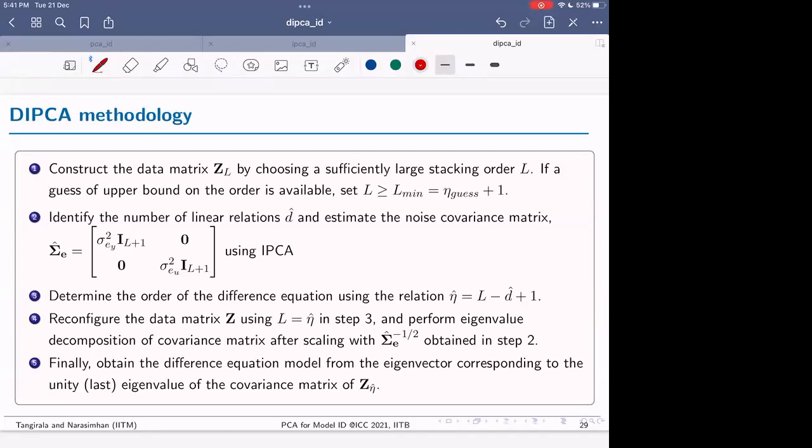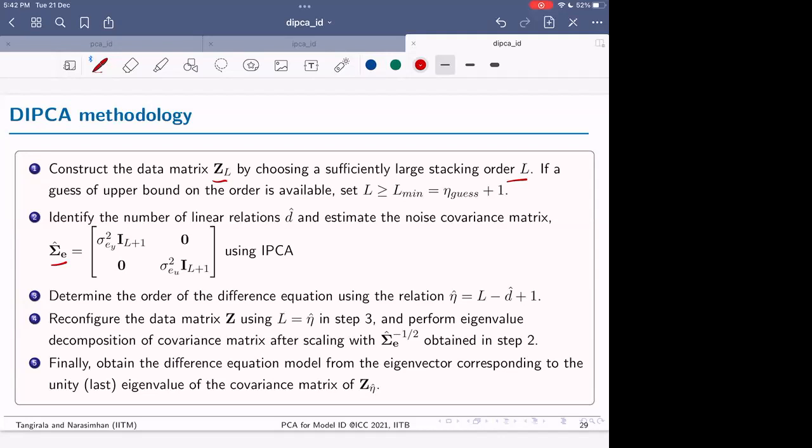So this is the DIPCA methodology. You construct the data matrix ZL by choosing a sufficiently large stacking order. Depending on what your guess of the order is for the system, you will have to choose L more than that. Minimum is eta guess plus 1. As I said earlier, although sigma E is of size 2 into L plus 1, there are only 2 unknowns.